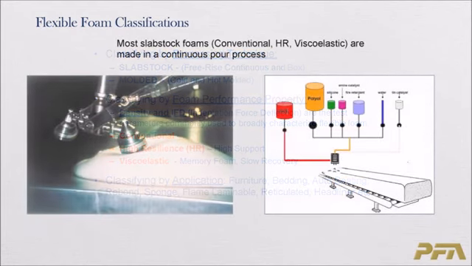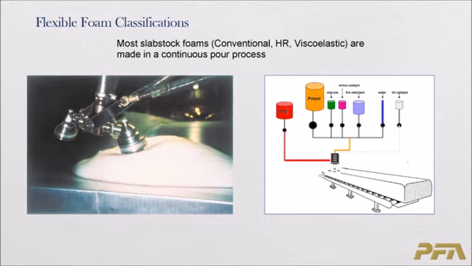You'll learn more about the specifics of the foam process in the later sections, but just to point out that most flexible foam is made by a continuous process where the polyol and all the ingredients are metered separately to a mix head, along with the isocyanate, into some type of laydown continuous pour process.